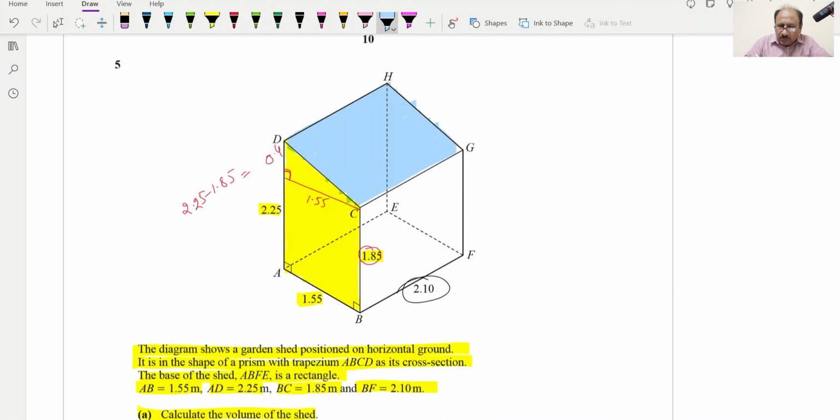Our technique is, we found CD, which is root of 41 over 4, and we already have this other side, which is 2.10. So we will multiply these two sides to get this blue shaded area.